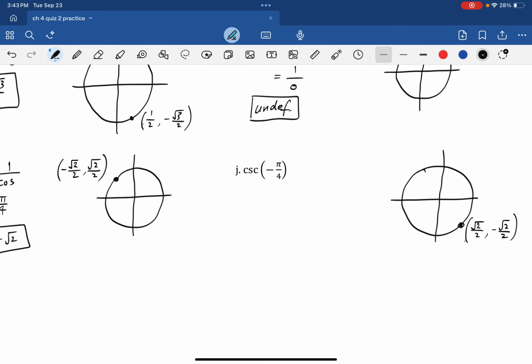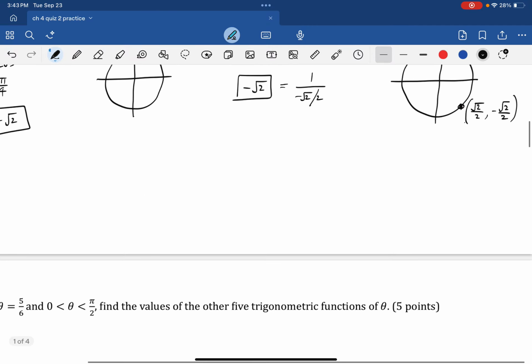And so cosecant is just 1 over sine, right? So we're going to take the reciprocal of the y-coordinate, which is negative root 2 over 2. That's 1 over negative root 2 over 2, which is, you can confirm, negative root 2.